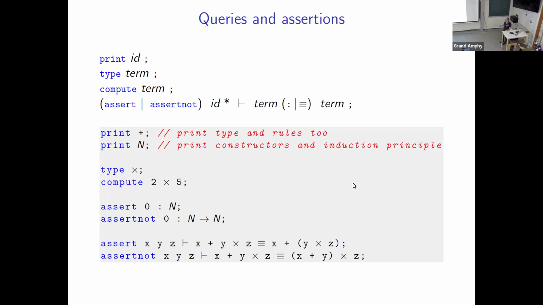And finally, you can check things. So either you can check some typing judgment or some equivalence between two expressions. So it may be useful to test, if you have written a number of rules and types and so on, to make sure that you didn't write something wrong.